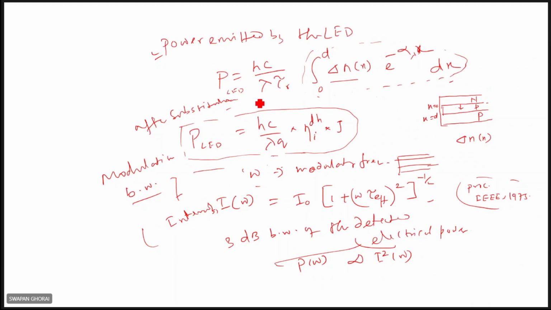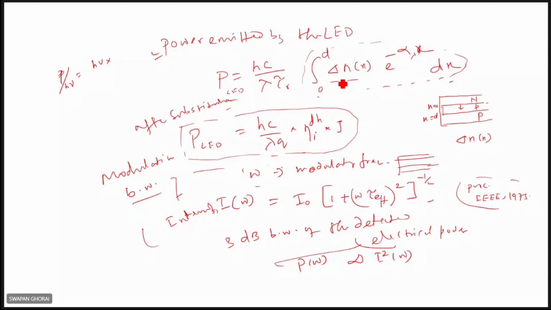What are those things? How does this relation come? Power emitted means P by h nu gives the number of photons. hc by lambda means h nu, the energy of one photon, times the total number of excess carriers, right?